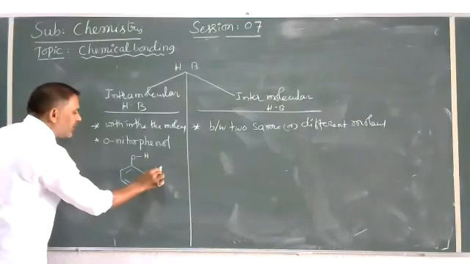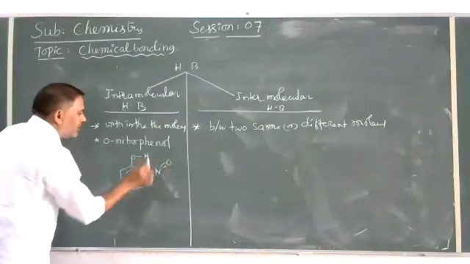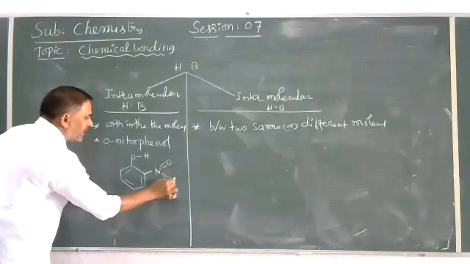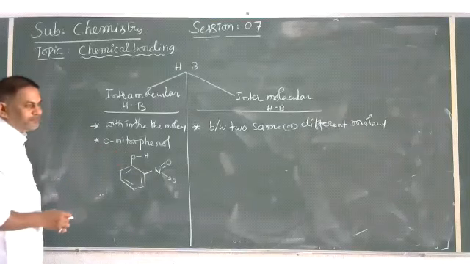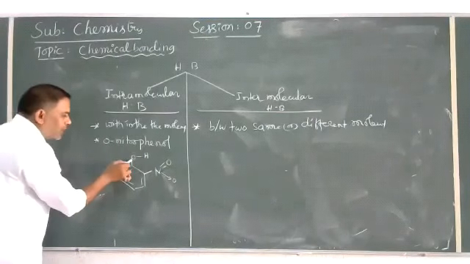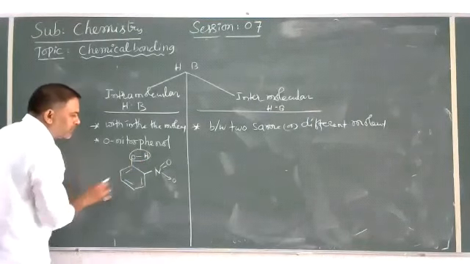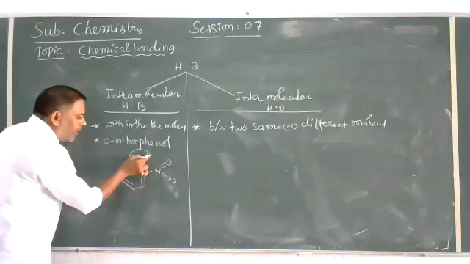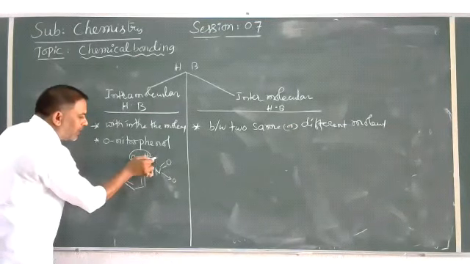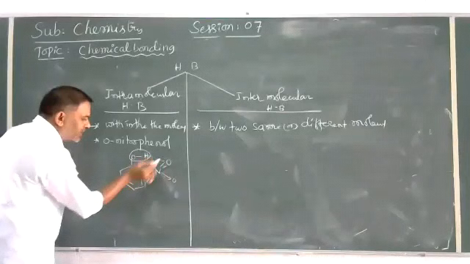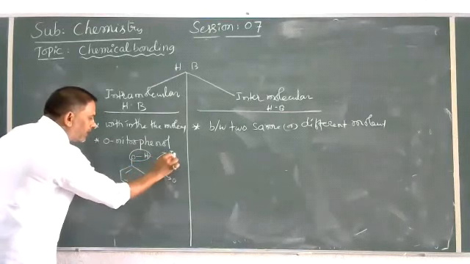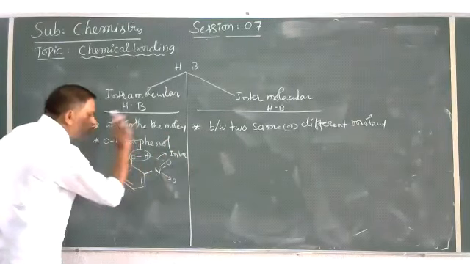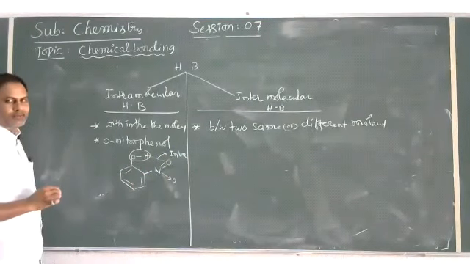Now a nitro group is present like this. This is ortho nitrophenol. Between these two important groups, the hydrogen atom of phenol and the oxygen of the nitro group, there exists a dotted line bond that is called an intramolecular hydrogen bond.